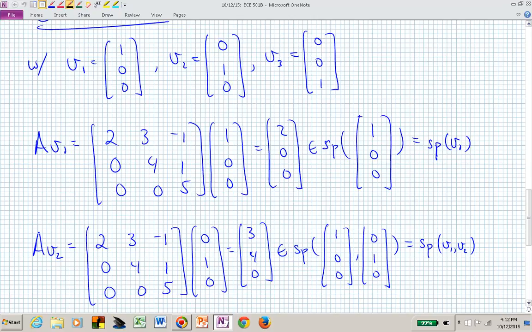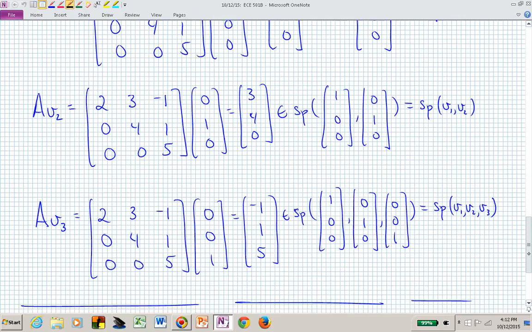Not necessarily, but we do stay in the xy plane, don't we? So we're staying in the span of V1, V2. If you now take V2 and map that through A, you're staying in V1, V2. So V2 is basically in the span of V1, V2 through this linear operator.